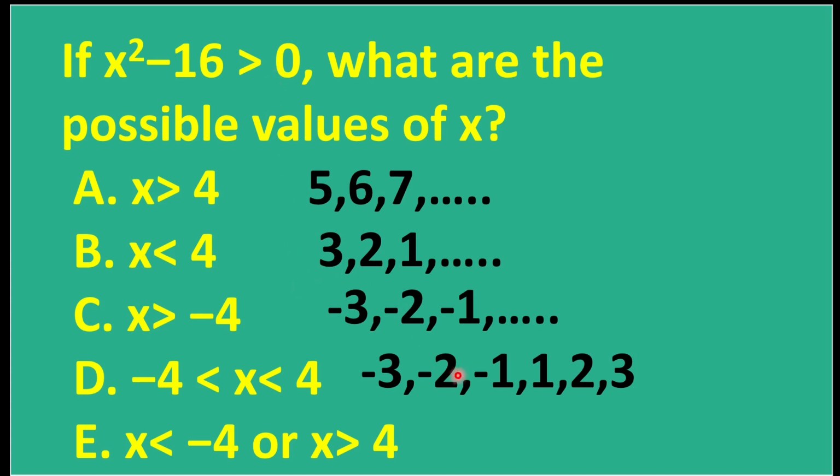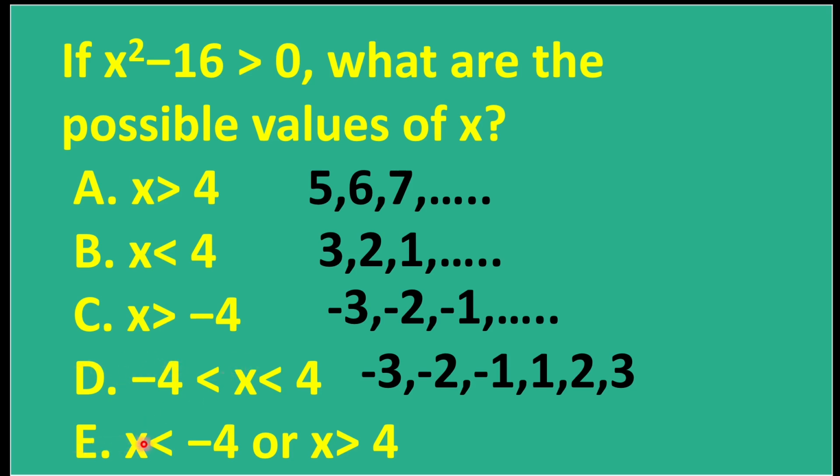Similarly, if we put 3 over here, it will become 9 minus 16, which is equal to minus 7. Again, this value is less than 0. So this option D is also wrong, and we will eliminate it.